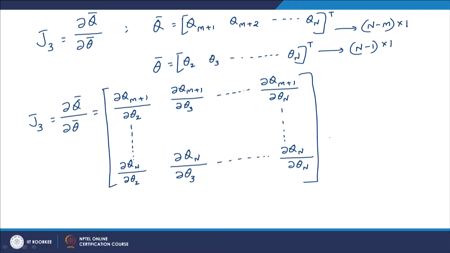So it would also be a rectangular matrix, n minus m cross n minus 1.